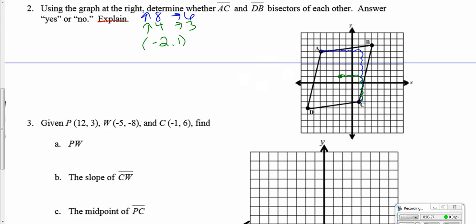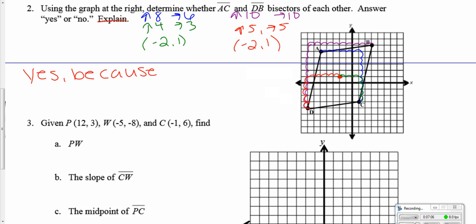For DB, from point D, I went up 10 over 10. So for my midpoint, I'm going to go up 5 and over 5 from point D. And we end up at that same -2, 1 again. So yes, because they have the same midpoint.